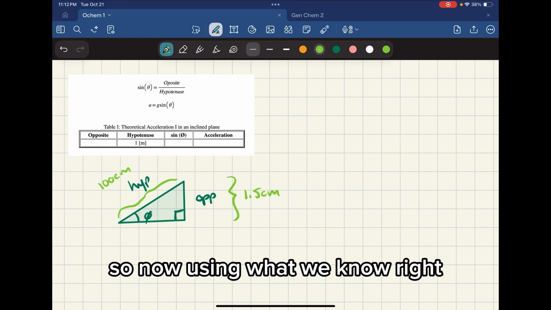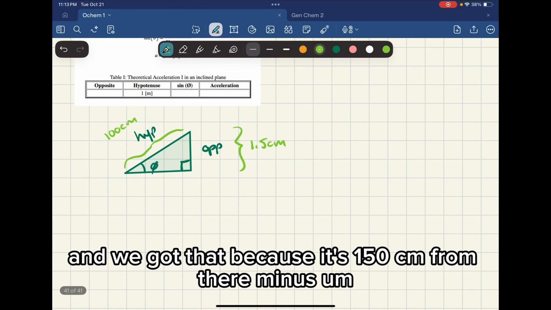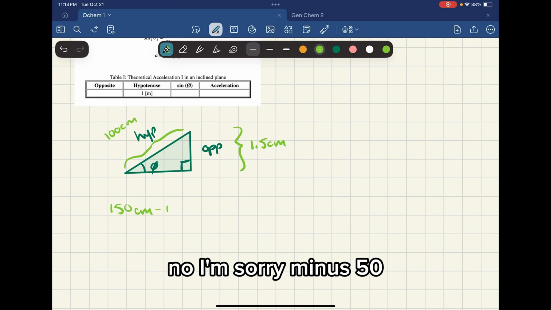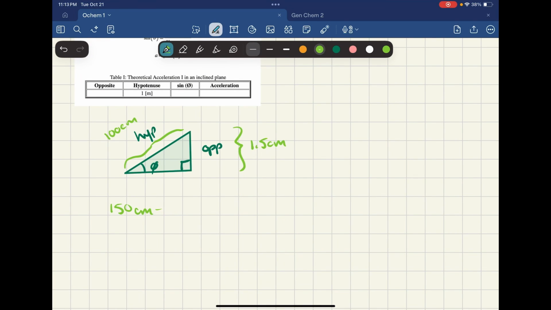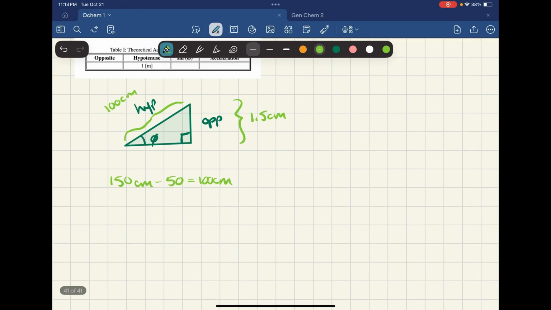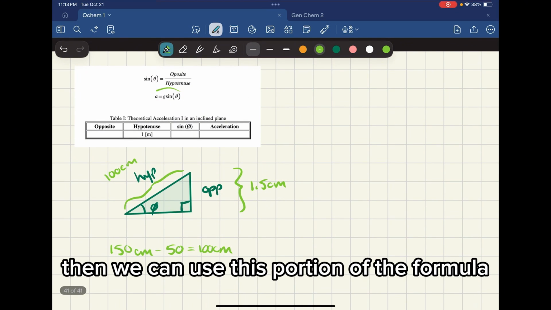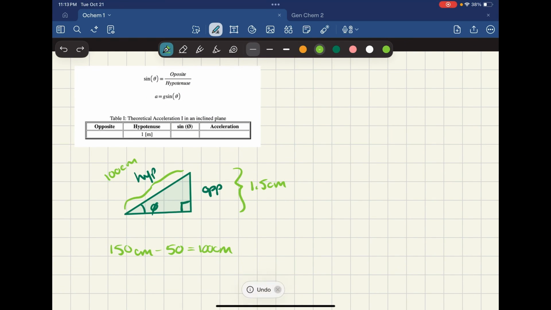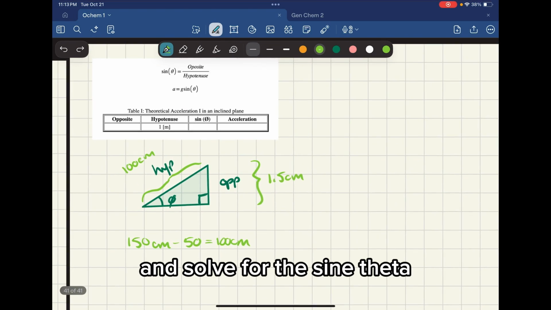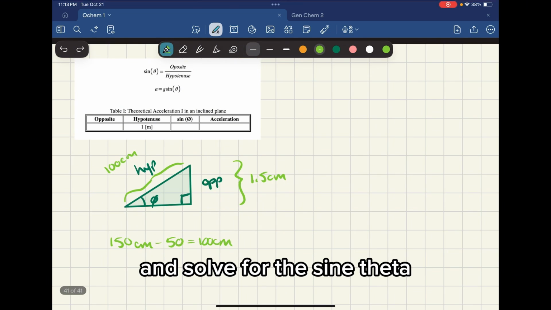So now, using what we know, we got that because it's 150 centimeters from there minus, no, I'm sorry, minus 50. And that gives us our 100 centimeters distance. Then we can use this portion of the formula and solve for sine theta.